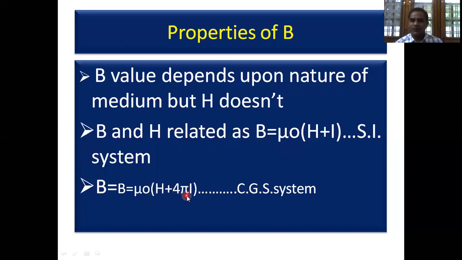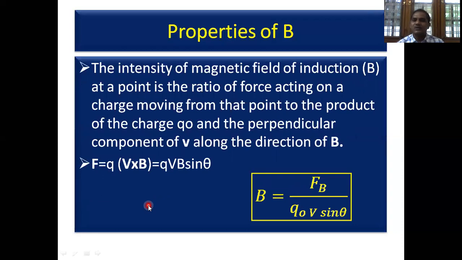Here, when you substitute I equals 0, then B equals mu naught into H. So magnetic induction field strength is a vector quantity. It is measured in the units Weber per meter square, or Tesla, or Newton per ampere meter, or the CGS unit Gauss. 1 Tesla equals 10 power 4 Gauss.